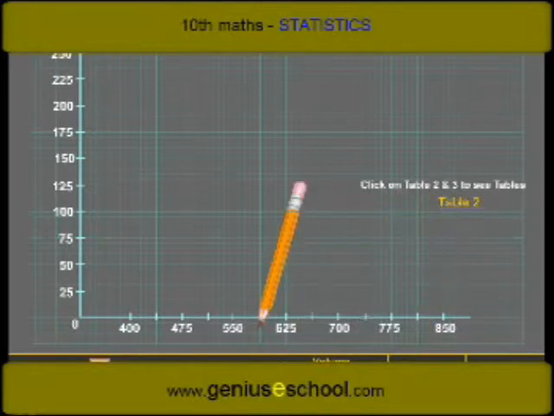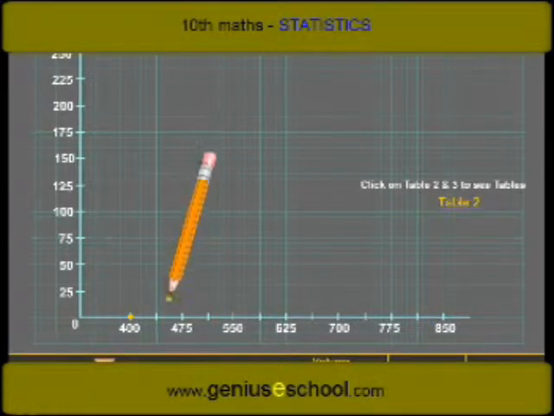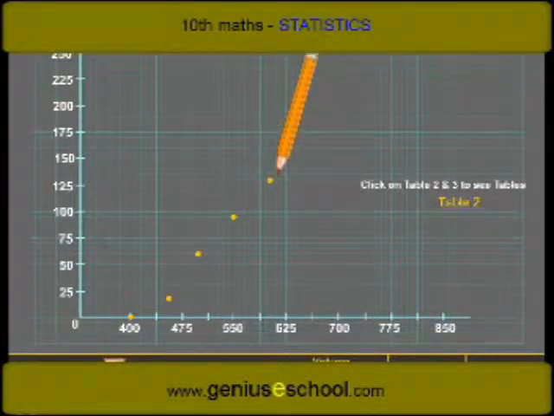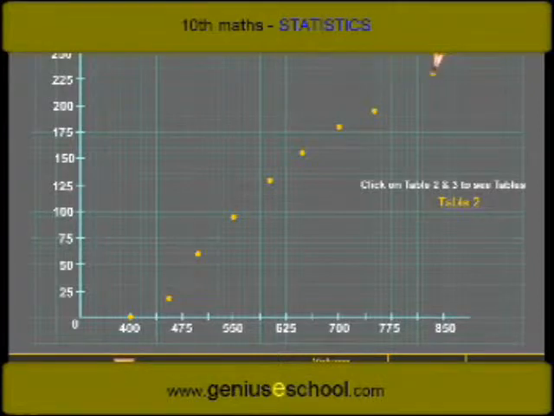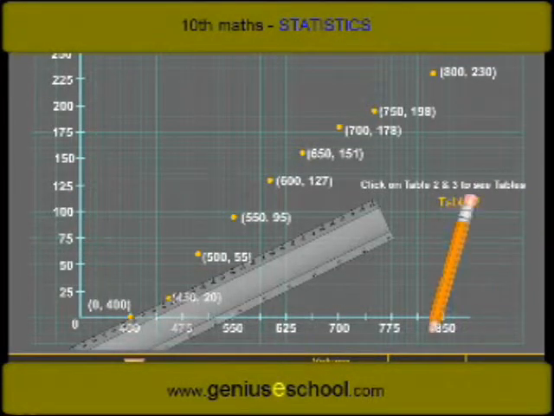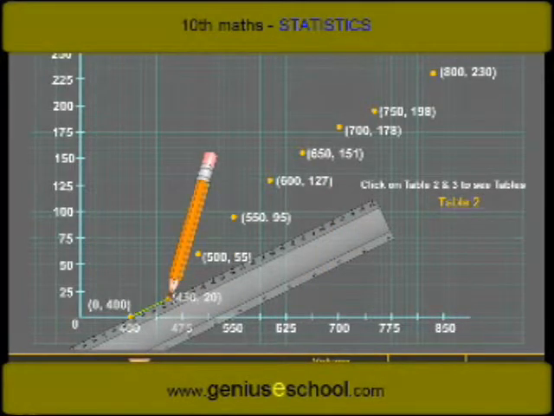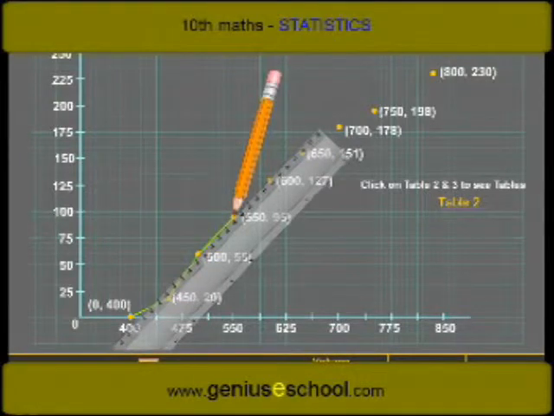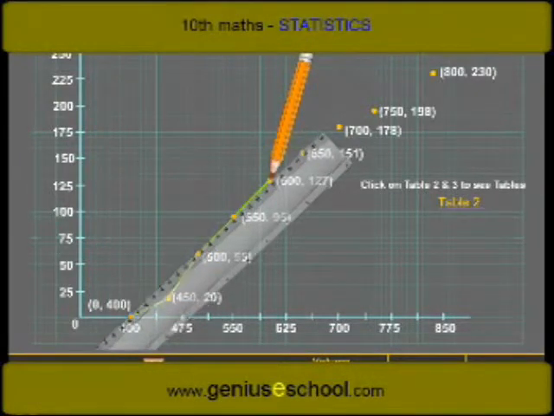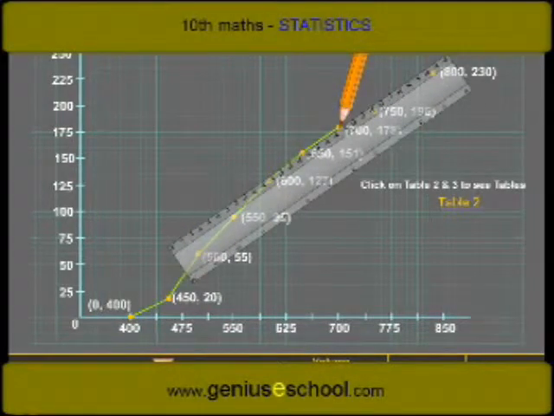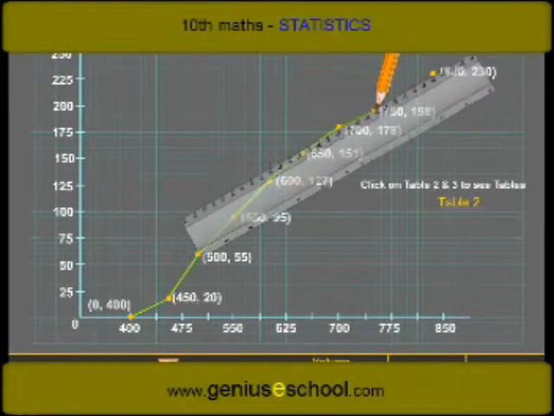Now we plot the points (400, 0), (450, 20), (500, 55), (550, 95), (600, 127), (650, 151), (700, 178), (750, 198), and (800, 230). In order to obtain the cumulative frequency polygon, join these points by line segments.